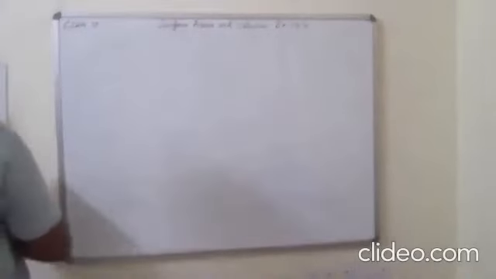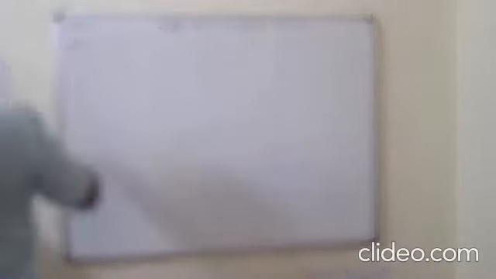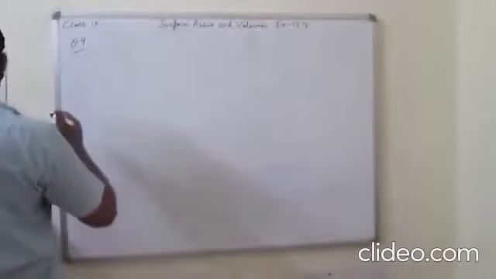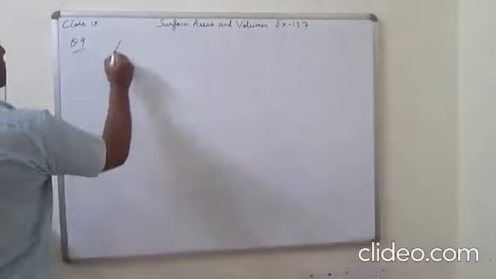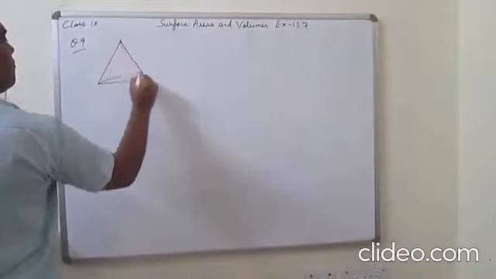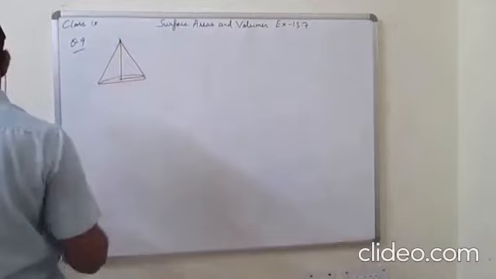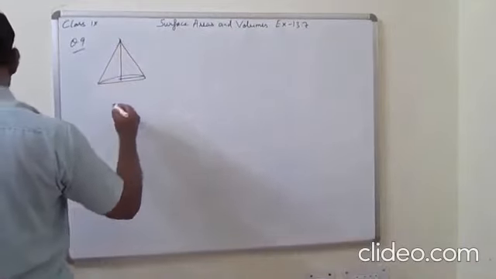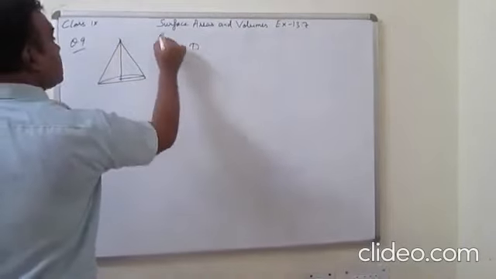Last question, question 9. A heap of wheat is in the form of a cone whose diameter is 10.5 meter. This is given.